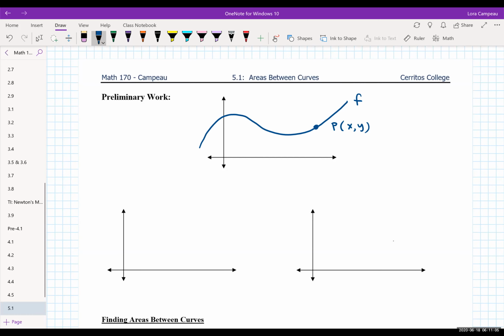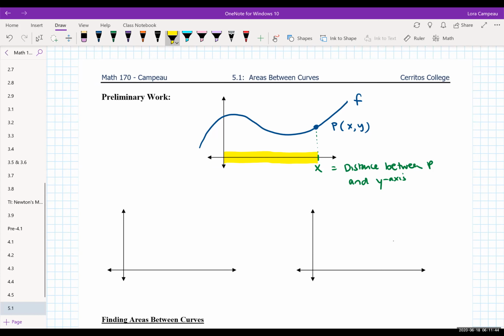As you know from your graphing experience, the X coordinate was the distance between the point P and the y-axis. If you inspect that yellow highlighted length, that is X.